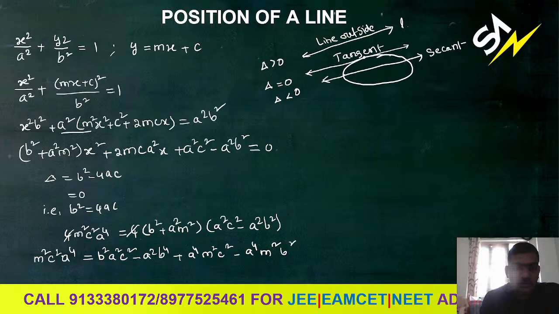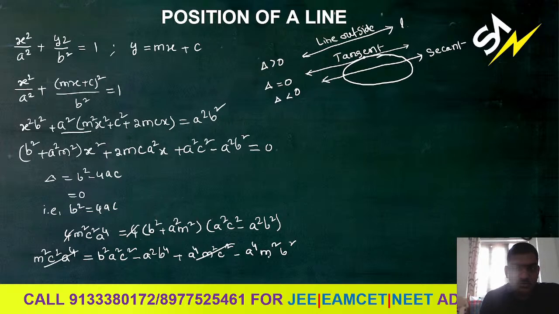So you see here a power 4 c square m square on both sides gets cancelled, and the remaining terms, if we simplify, what are we getting? Here a square b square c square is there on both sides, and here we have minus a square b power 4, and here it is a power 4 m square b square we have.